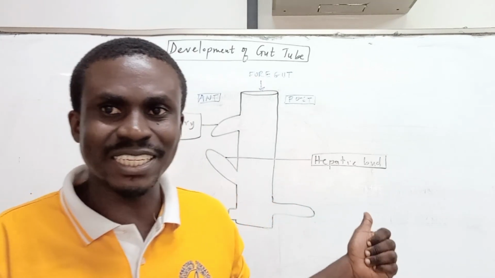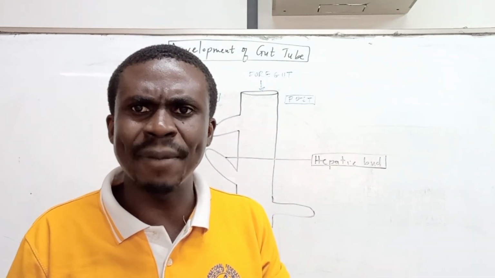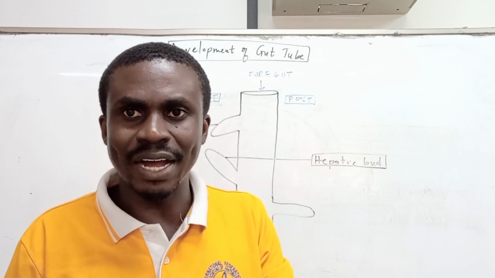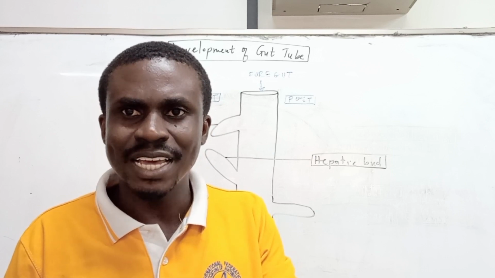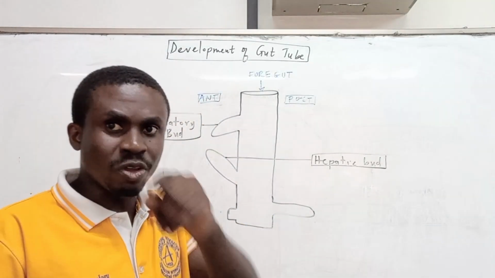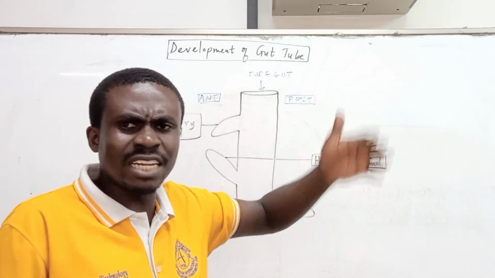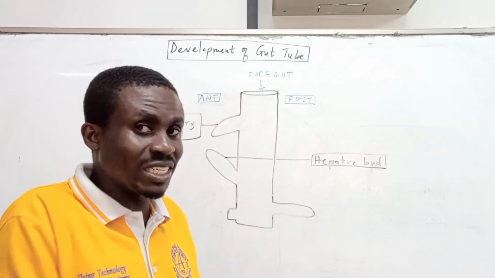I told you that it will be relevant in giving rise to some component of the liver. Which portion of the liver? The stroma of the liver, including the Kupffer cells and the hematopoietic cells of the liver. So the septum transversum is an intra-embryonic mesodermal, differentiated portion.